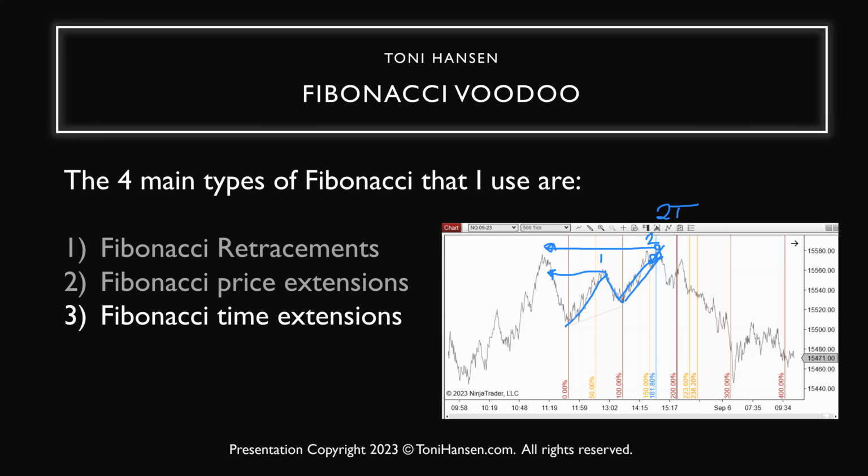So when it comes to time development, what I want to use is the extension here between these lows. So this second pivot, I want to see hitting at that 61.8% time extension. So if this is your 0 to 100, 61.8% past that level, which on NinjaTrader is 161.8, but on some platforms it's going to say 61.8.